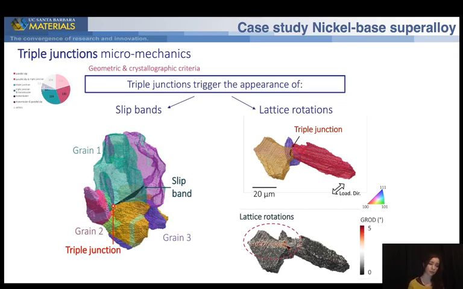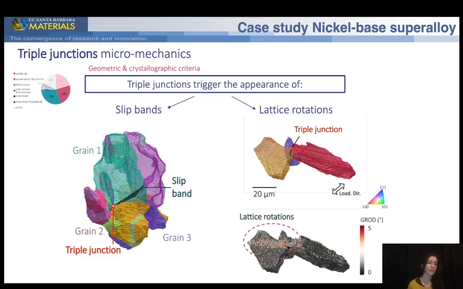They connect 3 different grains, they possess many degrees of freedom, and it would be quite tedious to try and identify what parameters would indicate whether a triple junction is likely to initiate a slip band or lattice rotations with just analytical tools.